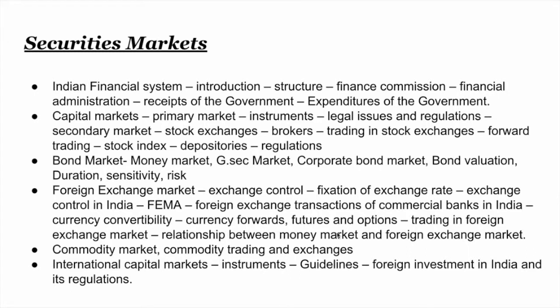Inside the money market, there is one instrument, the OMO, open market operation. On behalf of the government, the RBI issues securities in the form of OMO instruments, and if there is a lot of liquidity in the market, then through OMO operations the RBI reduces the amount of money in the market.